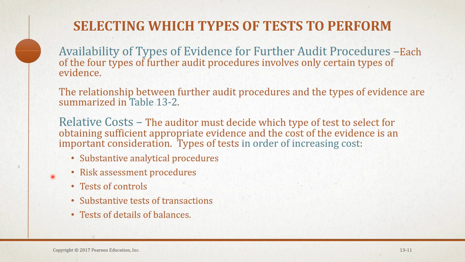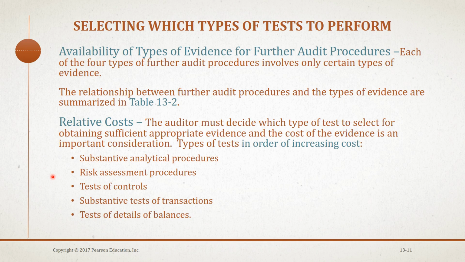The type of tests we do increase in order, again, from the cheapest to the most expensive. A substantive analytical is a cheap test. We're looking at a balance, trying to get it to be as close to the balance as possible. Looking at it, last year expenses were $100,000. This year they're $102,000.